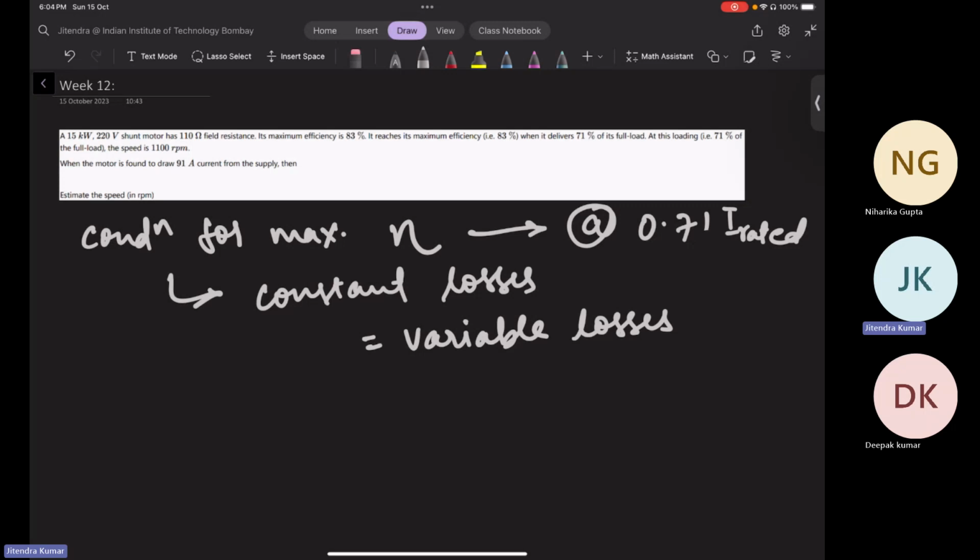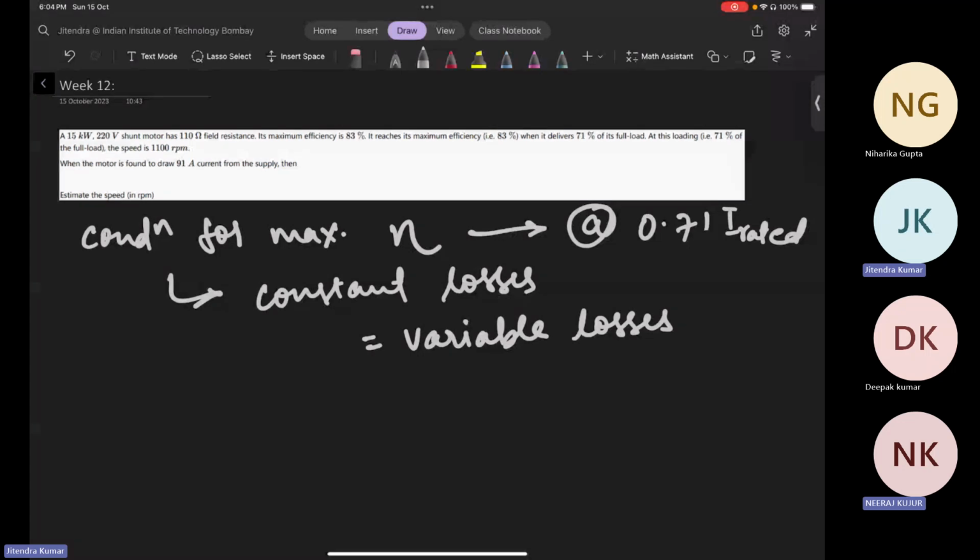Now, when the motor is found to draw 91 amp current from the supply, then we need to find the speed. So it's pretty obvious. We have solved so many questions based on ratio of speeds. When you are required to calculate the value of speed under different conditions, indirectly we are referring to finding the back EMF at those conditions, right?